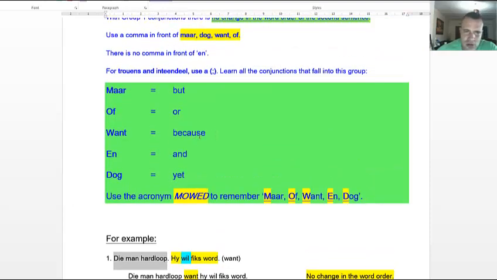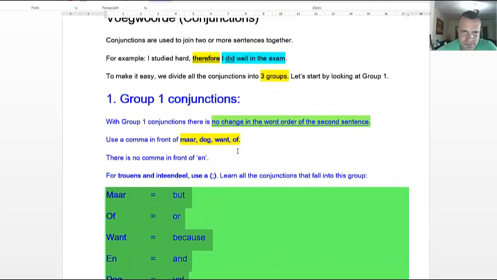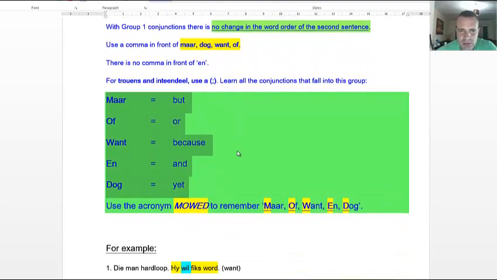So you need to remember these ones, what they mean. Sometimes the teachers say use the word mode: maar, of, want, en, doch. Those are group 1 conjunctions. There aren't any others. So memorize them.